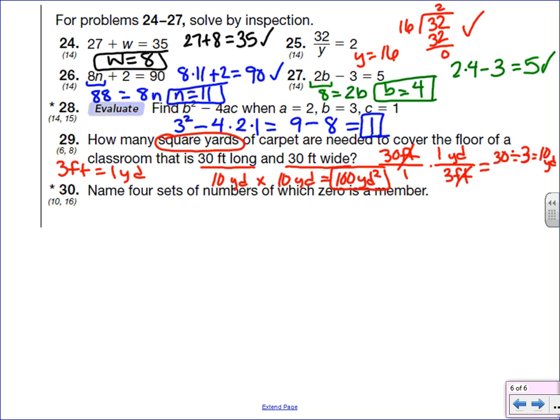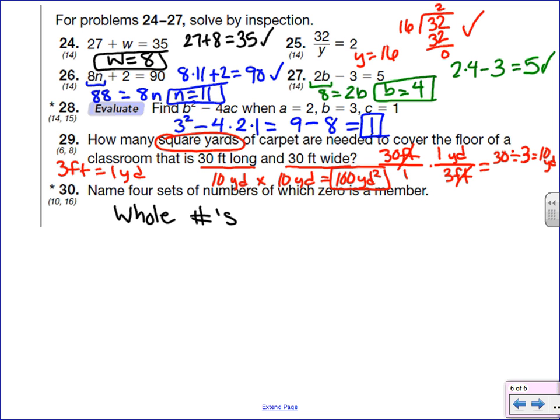Name 4 sets of numbers of which 0 is a member. And that's just talking about things like counting, natural, integers, and all that sort of stuff. So counting numbers do not include 0 because they start at 1, but whole numbers include 0.